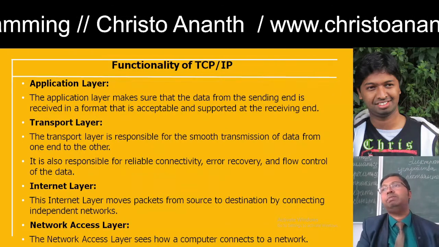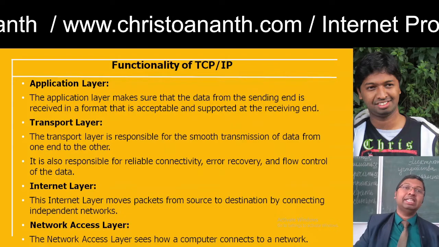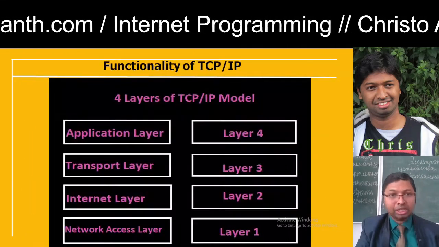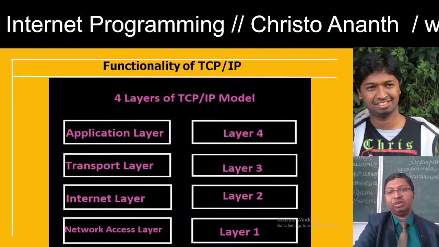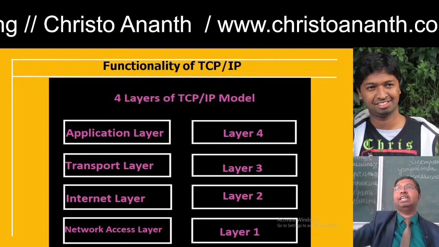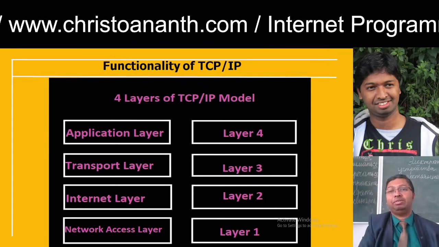In TCP/IP, we will have several layers: layer 1, layer 2, layer 3, layer 4. Layer 4 at the top is the application layer, then the transport layer, then the internet layer, then the network access layer.